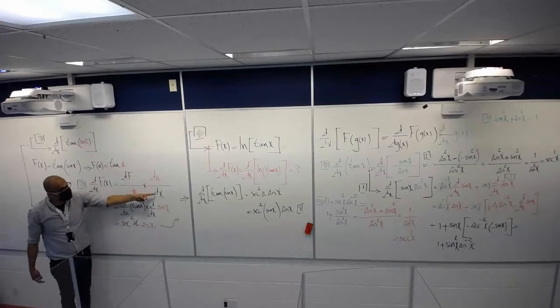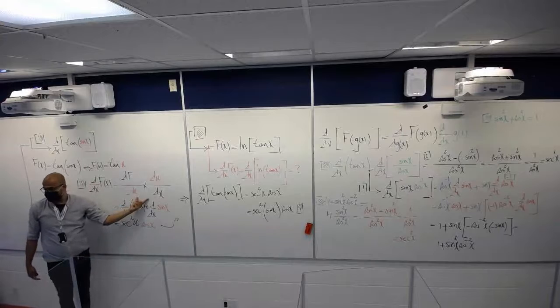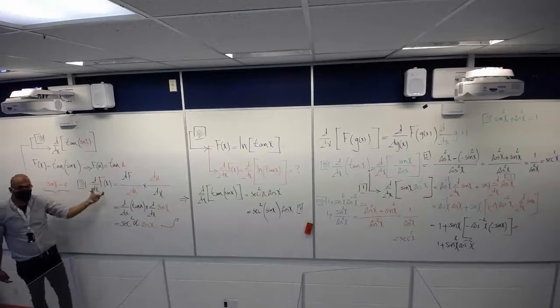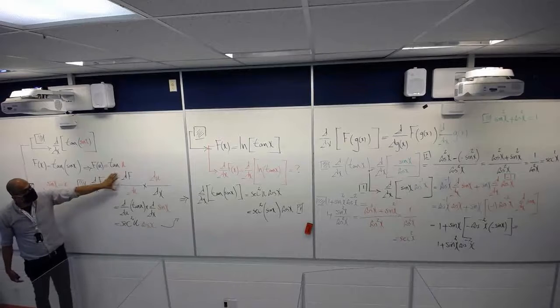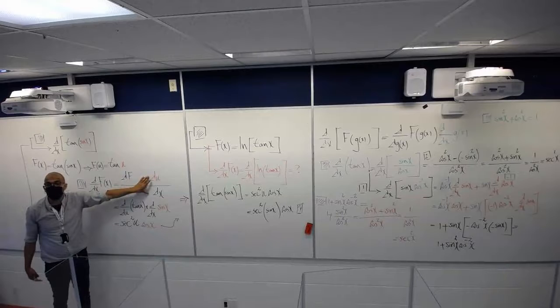And the derivative of the baby is given, which means that this expression, Sebastian, tells you that when you have a composite function, the rate of change becomes the rate of change with respect to the parent function times the rate of change of the baby function.